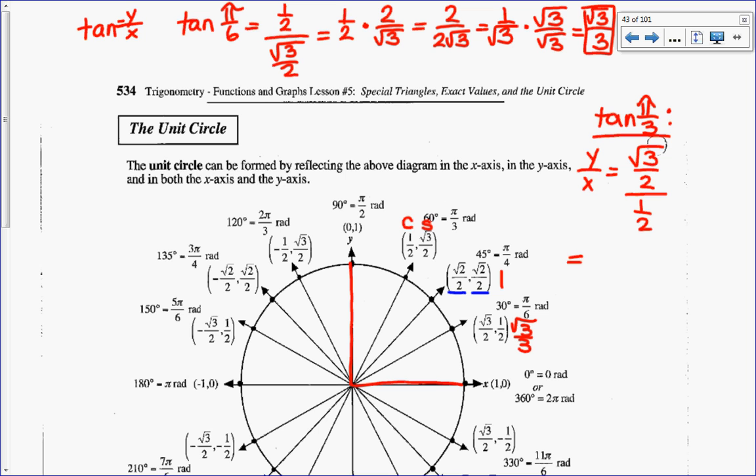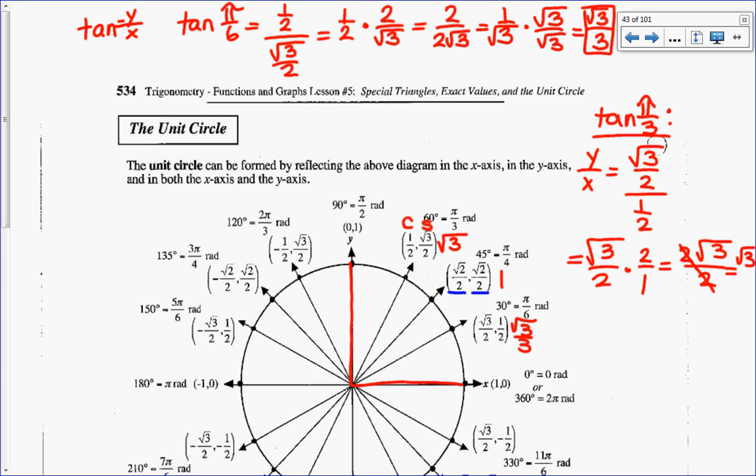So what that really means is root 3 over 2 times the reciprocal, which is 2 over 1, which is 2 root 3 over 2, which simplifies. Your 2's will cancel out. You'll have just root 3 left. So the tangent of the 60-degree angle, pi over 3, is just root 3.